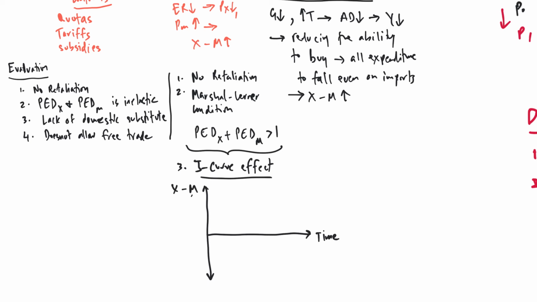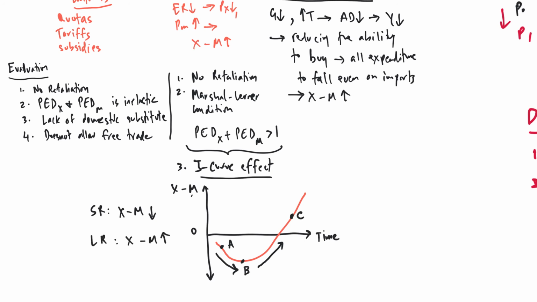What the argument for the J-curve says is that initially, if you're trying to devalue, you must be in a current account deficit. But when you devalue, initially or in the short run, your net exports may actually worsen. So in the short run, X minus M actually falls. So devaluation may not work in the short run. But in the long run, with time, you would see devaluation show some positive results, and X minus M may improve.